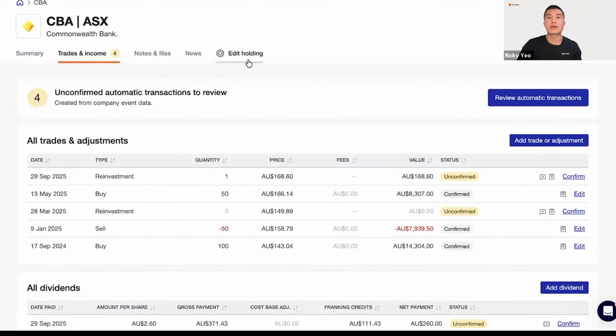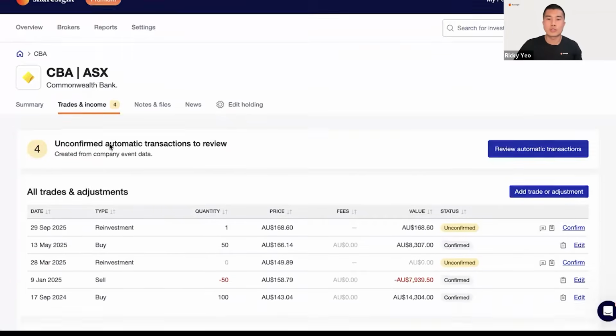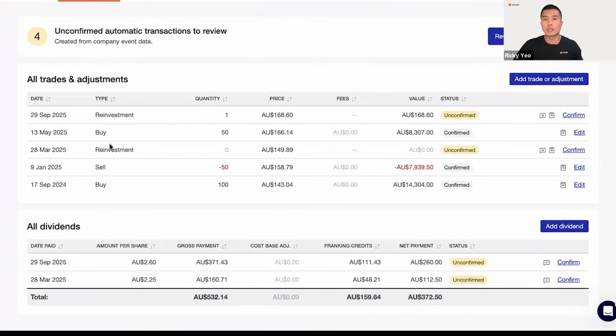Some companies might have decided not to offer dividend reinvestments. You have to make sure that you uncheck this tick box. Otherwise, Sharesight would just assume that there's dividend reinvestment and keep on reinvesting all the dividends for you. So that's just something to keep in mind.